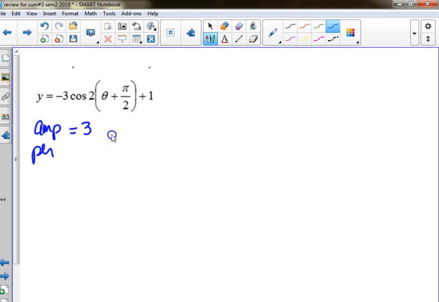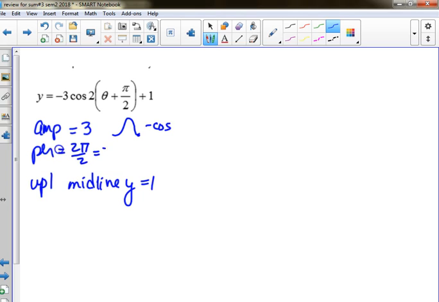Okay, so the shape is a negative cosine like this. Up 1. So the midline is y equals 1. 2 pi over 2 makes the period pi. Left, pi over 2.